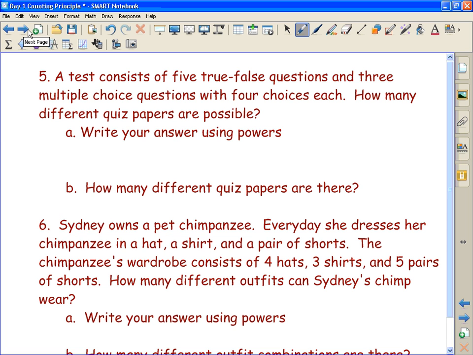Number 5 is kind of the same idea. I'm going to let you go ahead and try 5 and 6 on your own, and then when you're ready, you can check your answers.